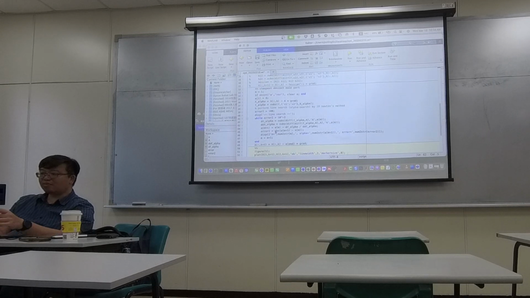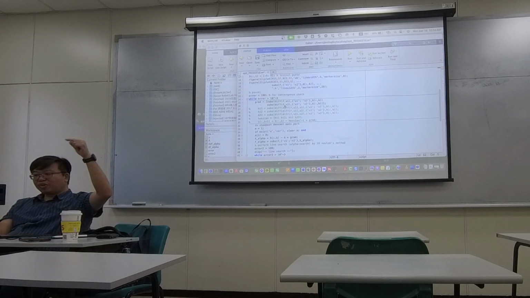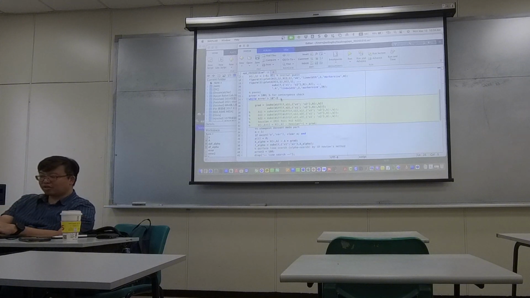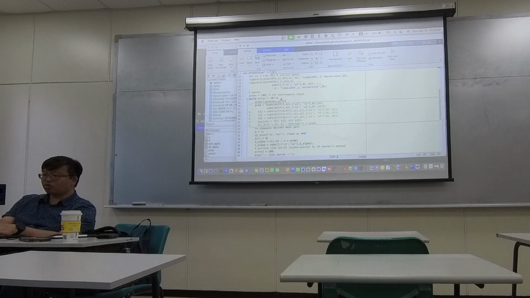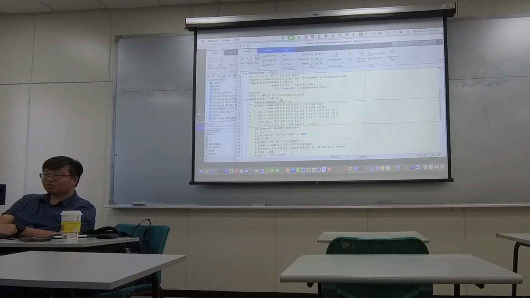Every time we jump into the while loop, I will display and say this is the process of k equals some number, so number to string k.